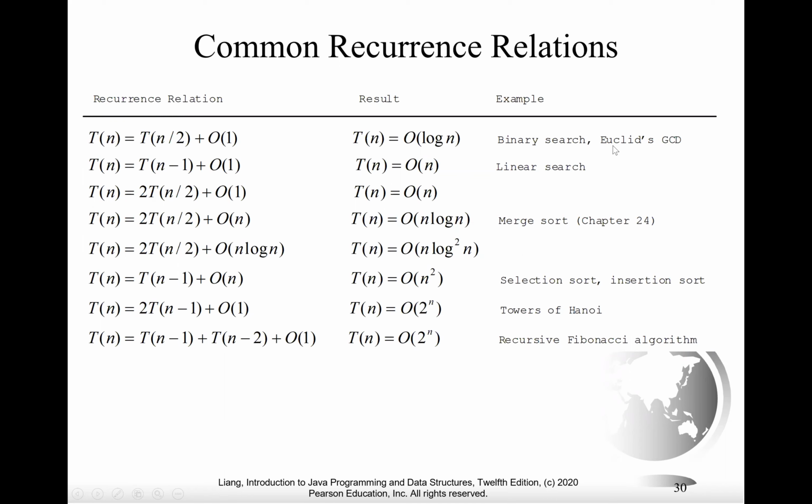In the future we'll look at Euclid's GCD algorithm. It is order of log n time. And if you reduce the problem to T(n-1) with a constant time here, eventually it's linear time. So please look at this and keep it in mind, and we will use this in the future.